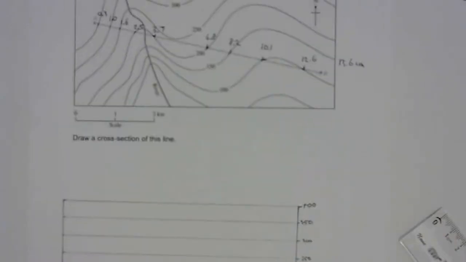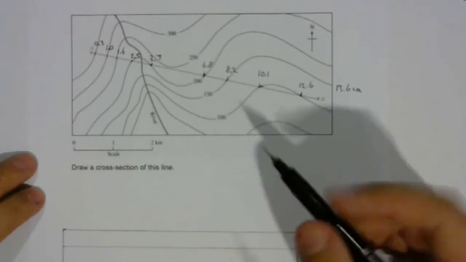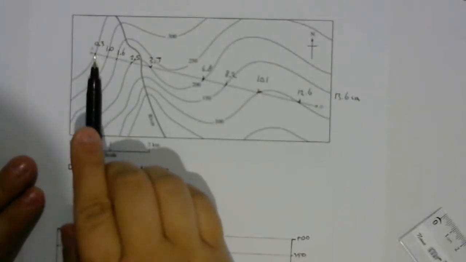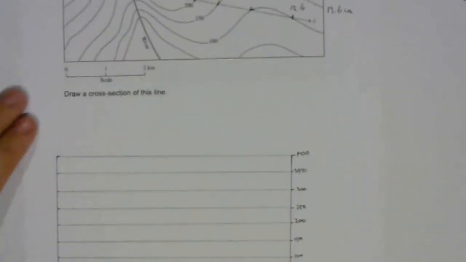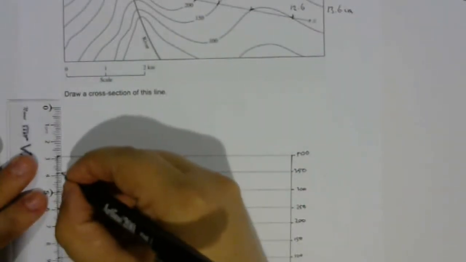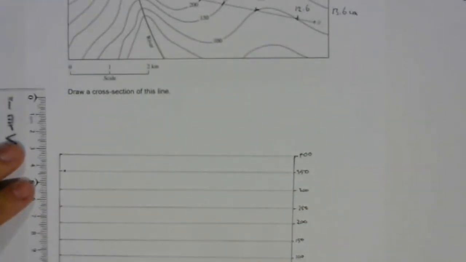And then lastly, what we need to do is, for each of these points, put a dot on the graph to represent how high that is. So, looking at this, my first contour is 350 meters high. So I'm going to place a dot on the 350 meters line. There we go. We know that that's how high our land is.